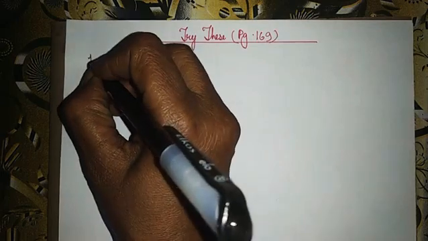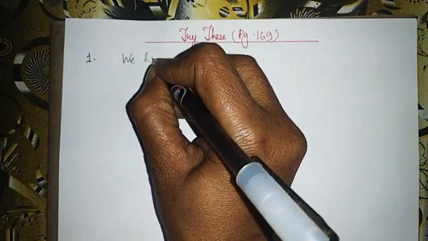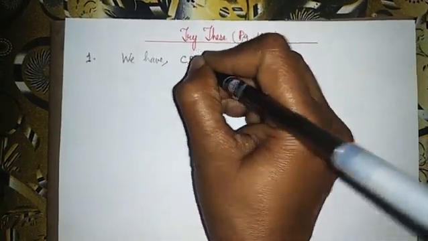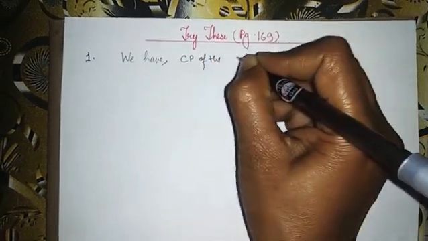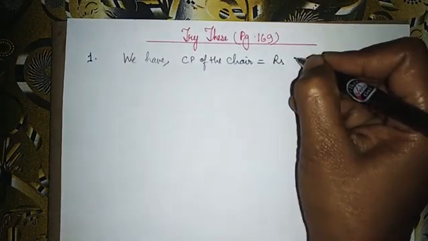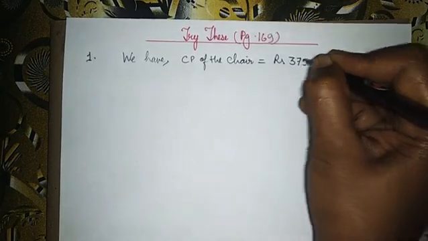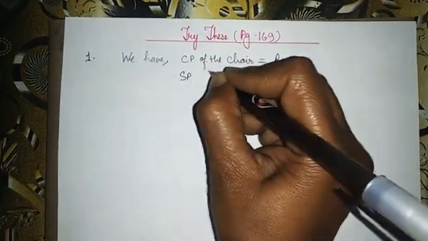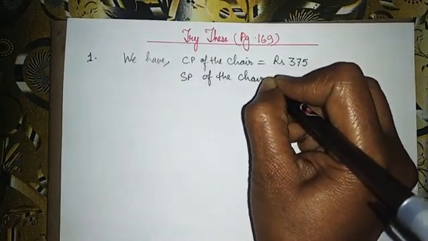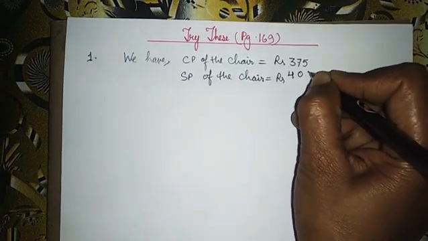Question 1. Here we have CP of the chair rupees 375 and SP of the chair is rupees 400.